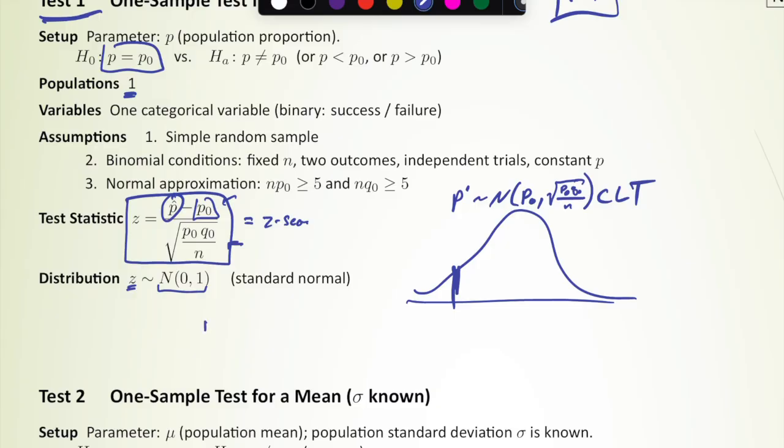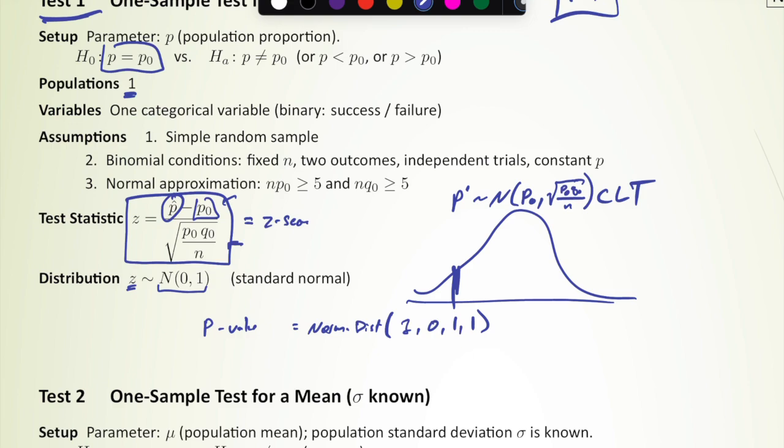So in order to find the p-value, what are we going to do? We're going to find the probability using norm.dist, and we're going to put in that z-score. That's my cursive z. And then we're going to do 0 for the mean, 1 for the standard deviation, and 1 for the cumulative parameter, as always. And so this is going to be that probability.